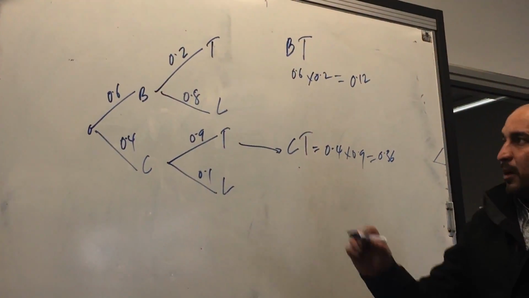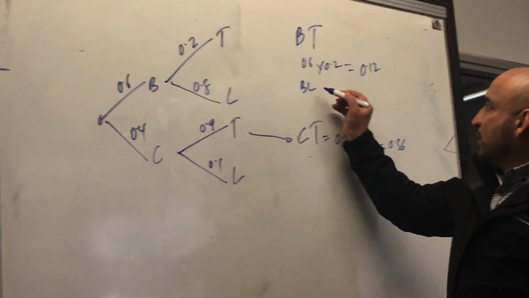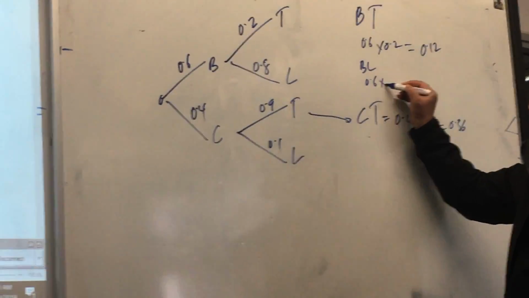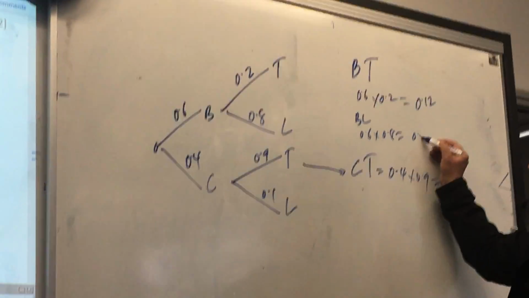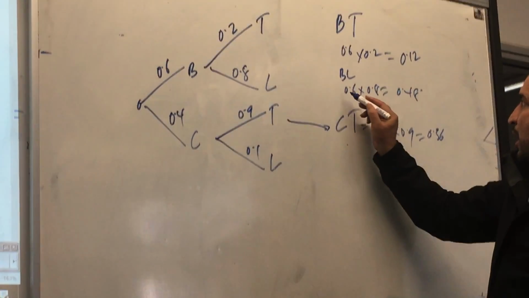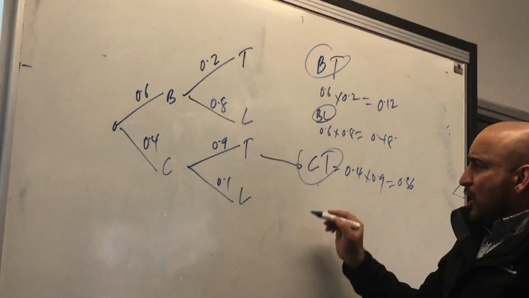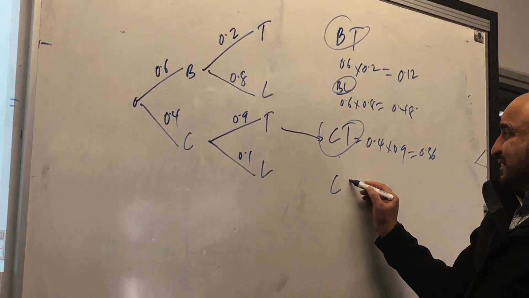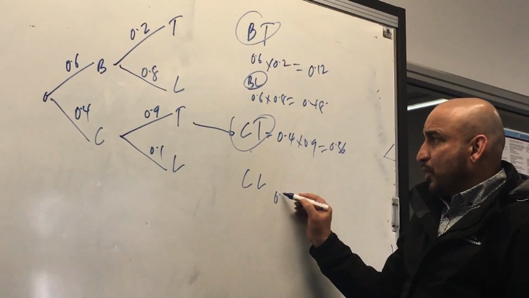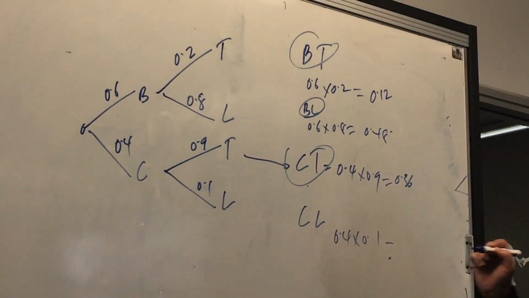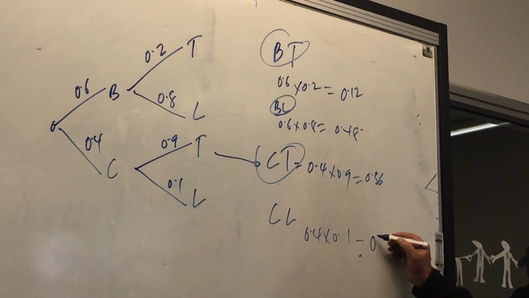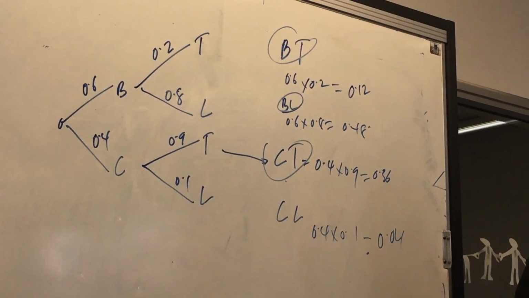How about if I come to school by bike and late? I'll do 0.6 times 0.8, which is 0.48. Last one, car and late will be 0.4 times 0.1, which is 0.04. Okay, so you could do that.